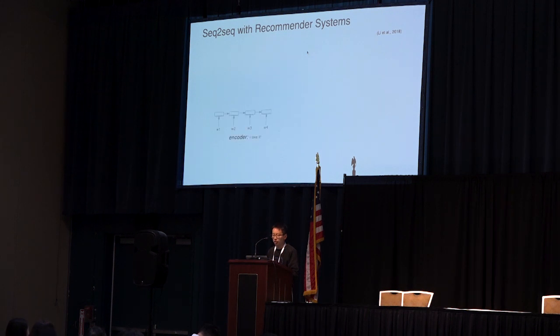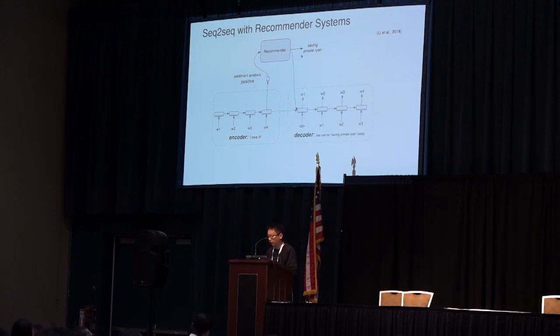And then the conversation can go on: I love it, positive sentiment. By using the new information, the recommender system can provide a better recommendation. So that's the method of combining sequence to sequence with recommender system.